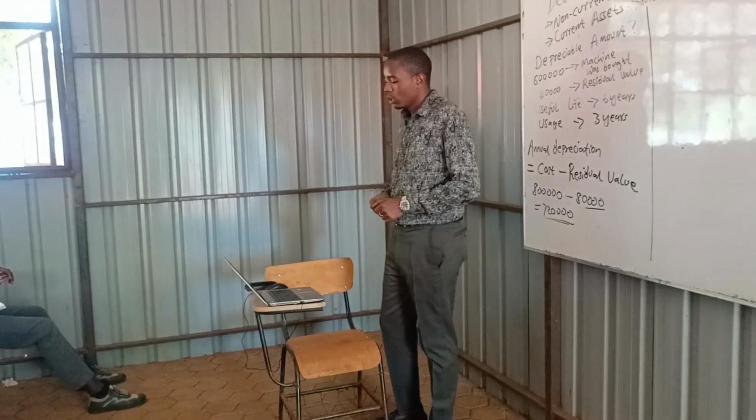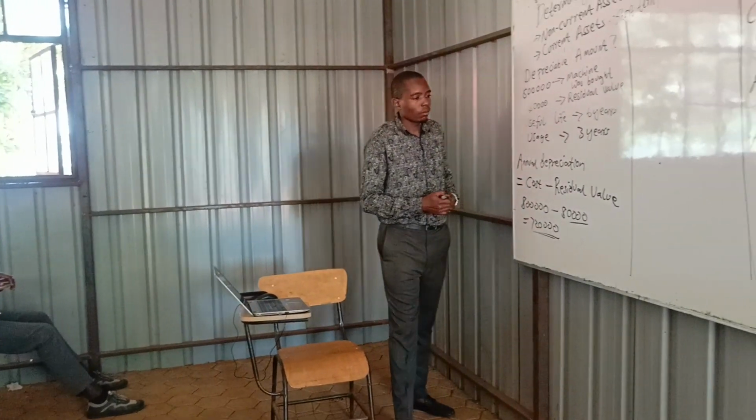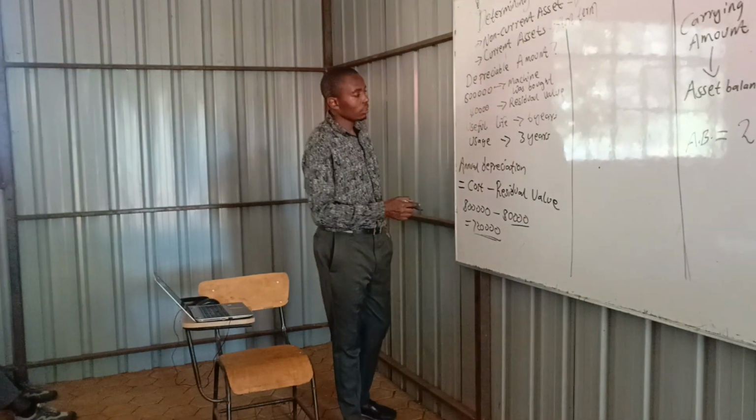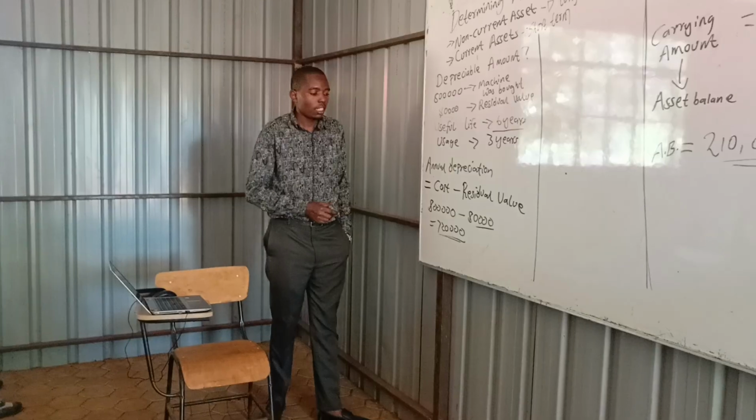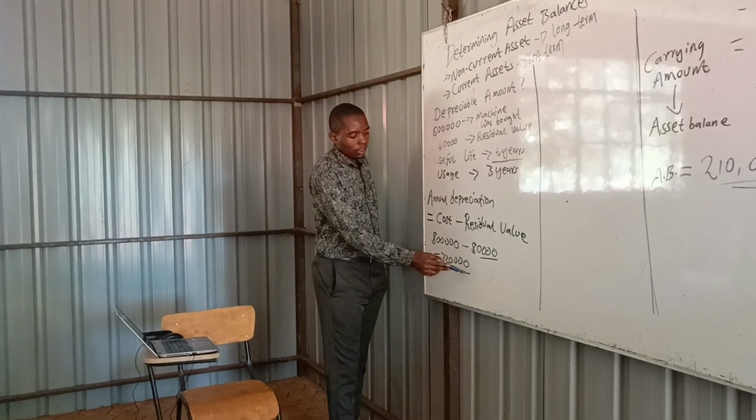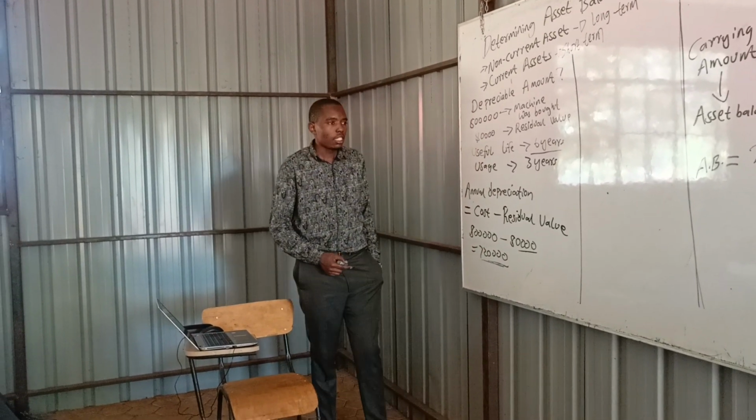Then we want to calculate the annual depreciation. What is the annual depreciation? So we have said useful life is how many years? 6 years. Now the depreciable amount is 720,000.